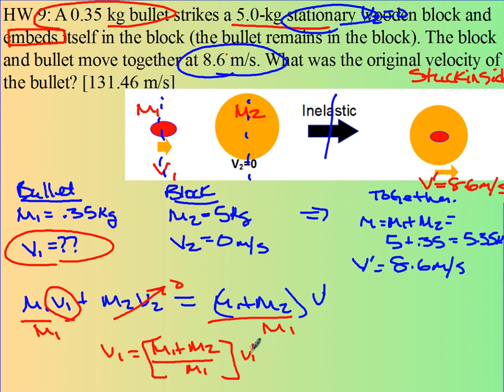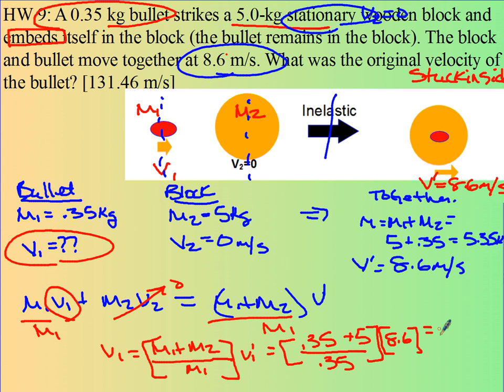Now, V prime can actually be in the numerator, or you can make this fraction here. Remember, it doesn't matter what order you multiply as long as you divide in the correct order. 2 times 3 is equal to 3 times 2. So let me plug in my numbers. M1 is 0.35 plus 5, divided by M1, which is 0.35, times 8.6 meters per second.